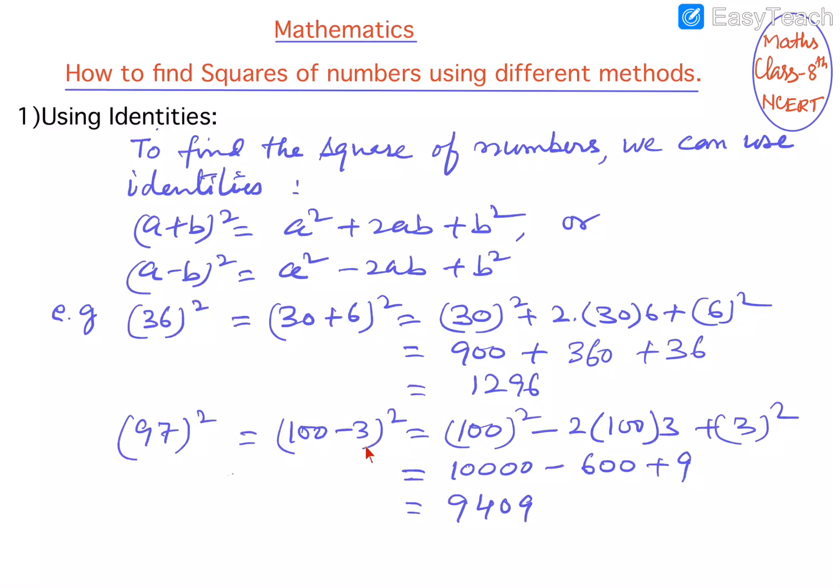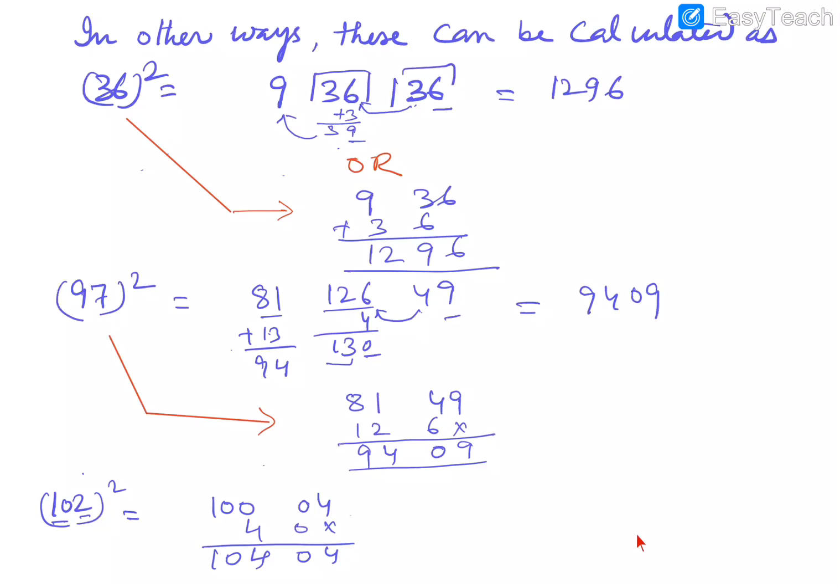This is a, this is b. So it gives 100 square minus 2ab plus b square, and the result is 9409.